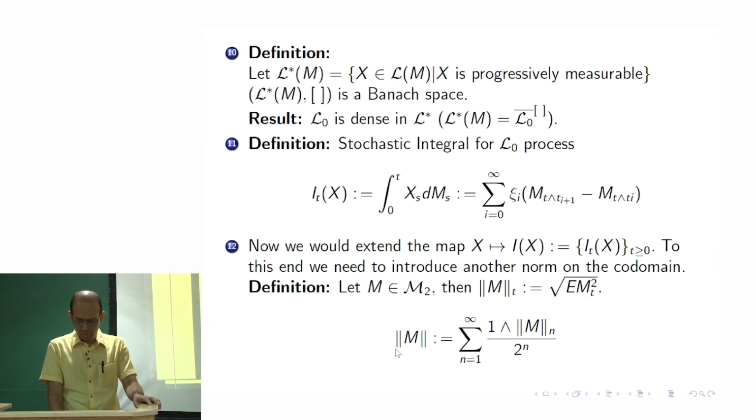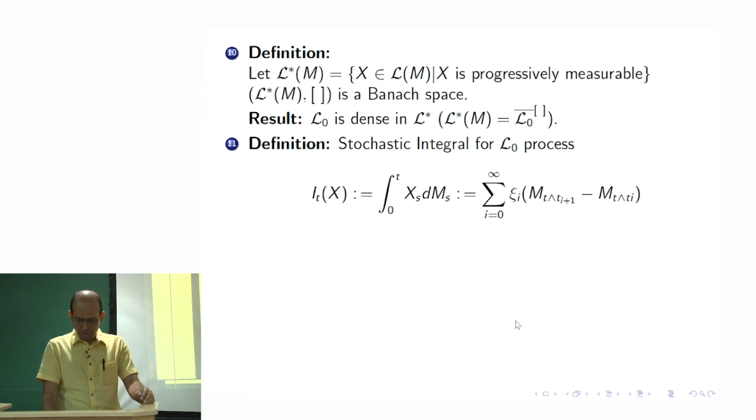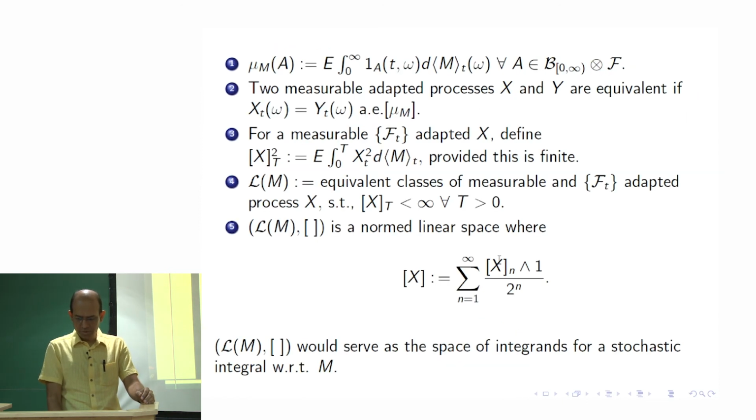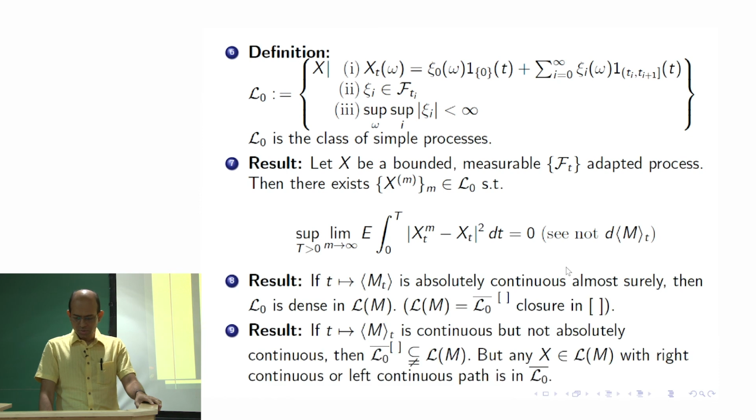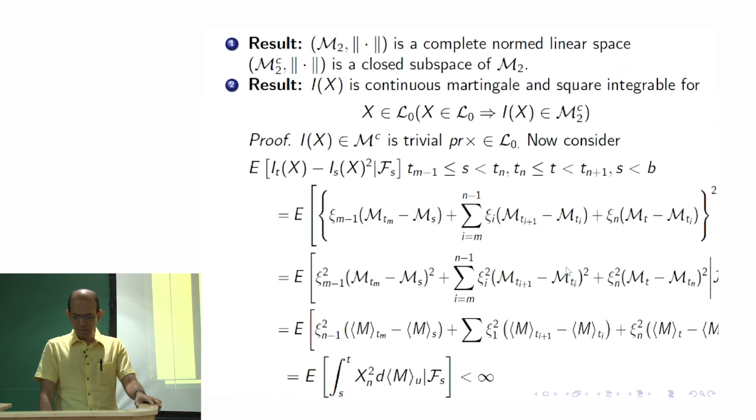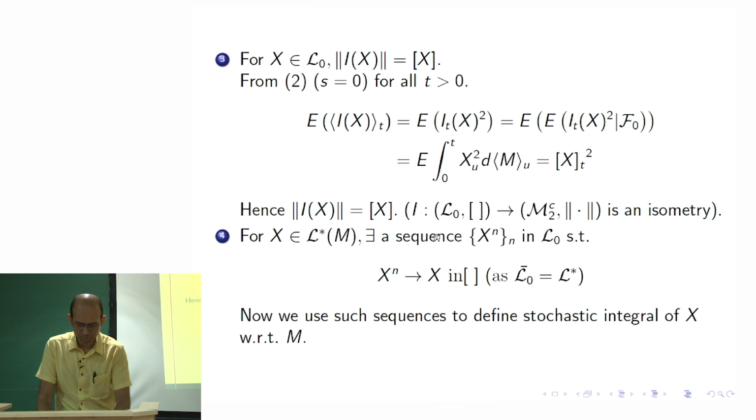Box norm is defined similarly here also, with the square root of the expectation of M_t square, so both have a similar formula.